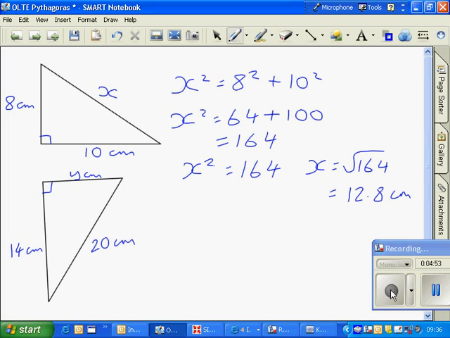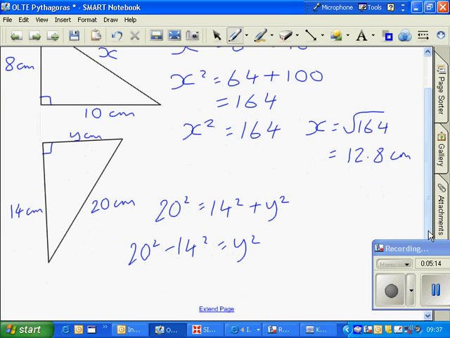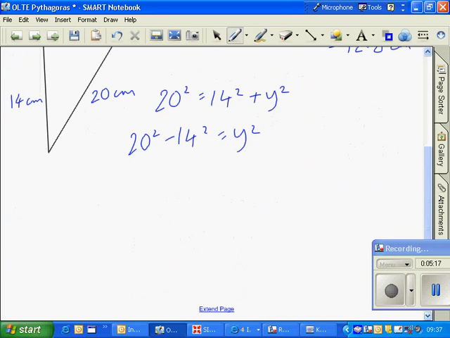In the second example, you've got 20 squared is equal to 14 squared plus y squared. In this case, we must subtract the two sides when they are squared. Okay? So what we've got now is 400, take away 196 is equal to y squared.